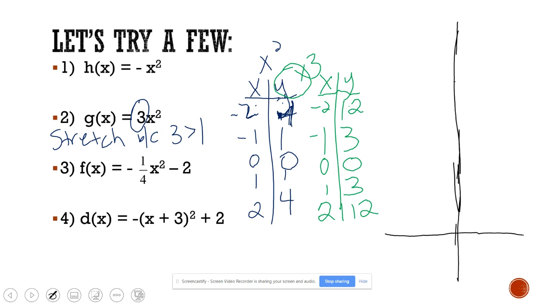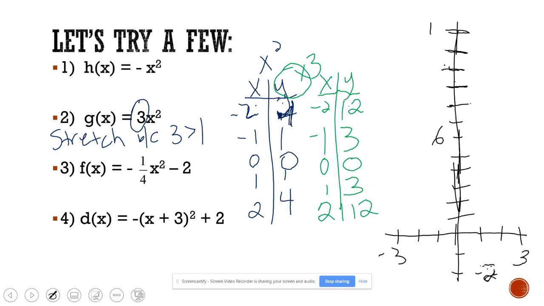Sketching our graph. I'm having issues writing today.